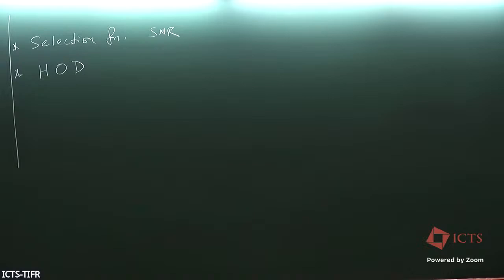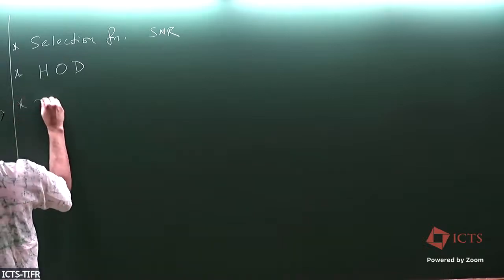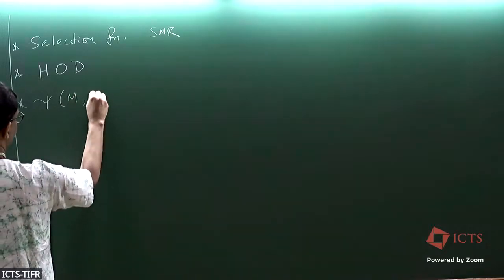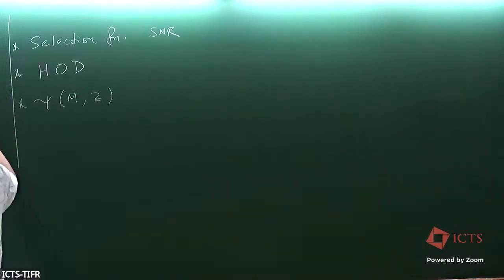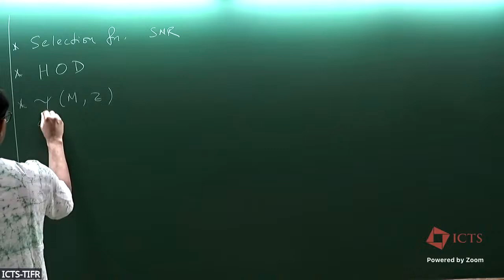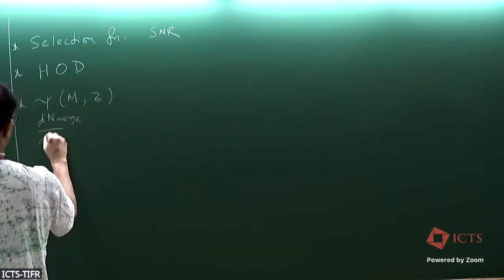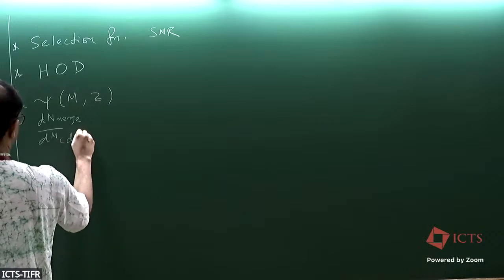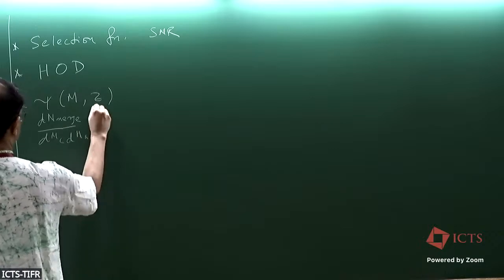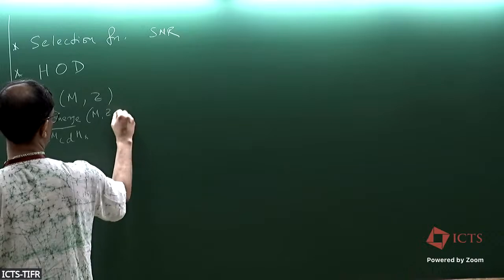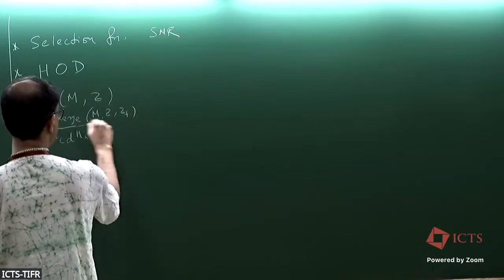Then, of course, we assumed things like psi, which depends only on M and z. Similarly, dN_merge only depends on M. But they may have other dependencies.